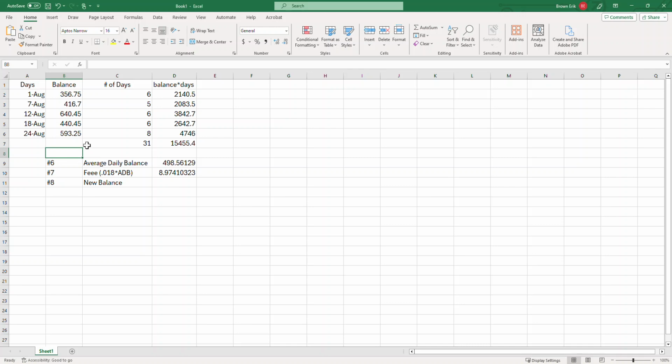And the current balance before a fee is added on September 1st is this $593.25. So on September 1st, we're going to take this balance, the ending August balance, and add to it this fee to get the new balance September 1st. That's the 602.22. And there it is.